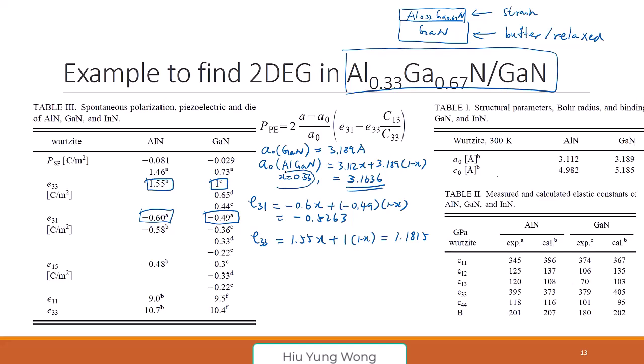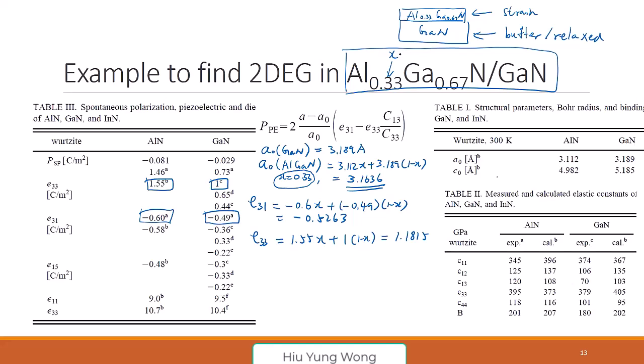Whatever you have in that problem, or take x equal to 0.33, because here I give you x equal to 0.33. So basically that equation is Al_x Ga_(1-x) N, and that's how we get x equal to 0.33.